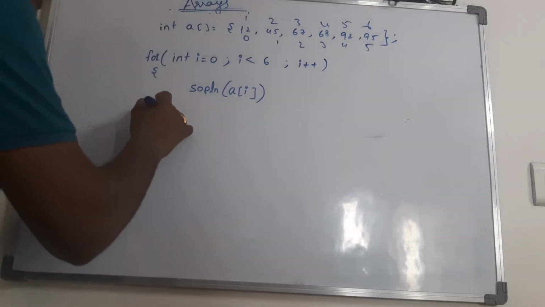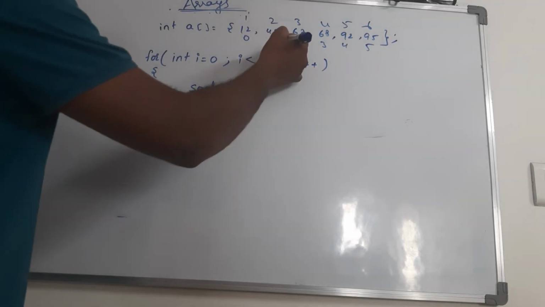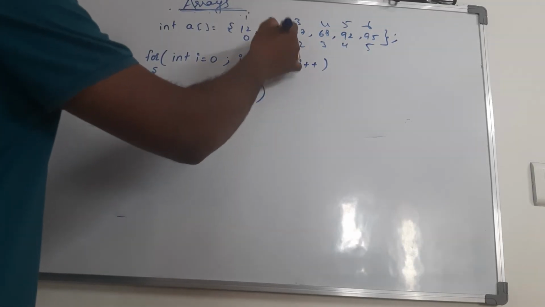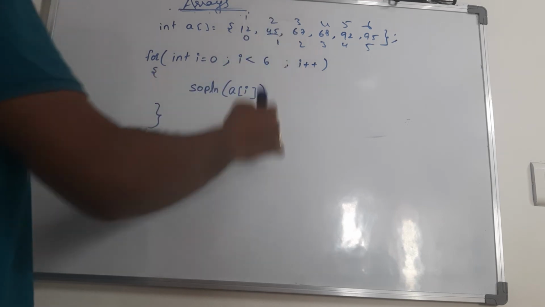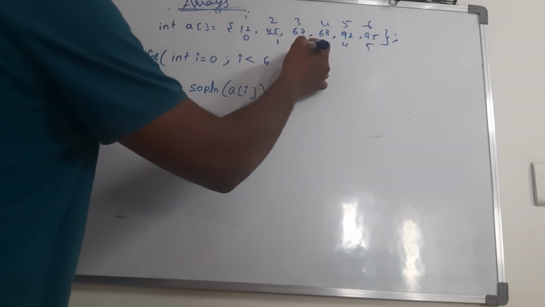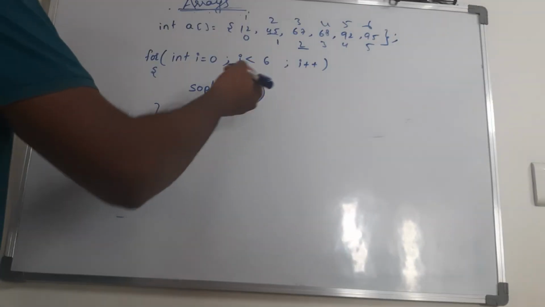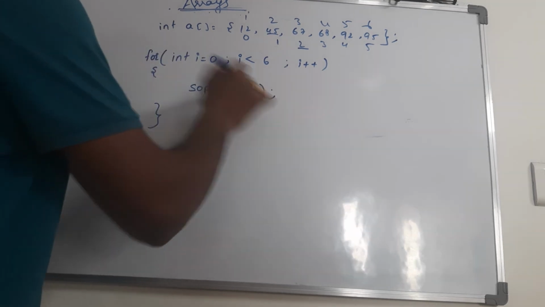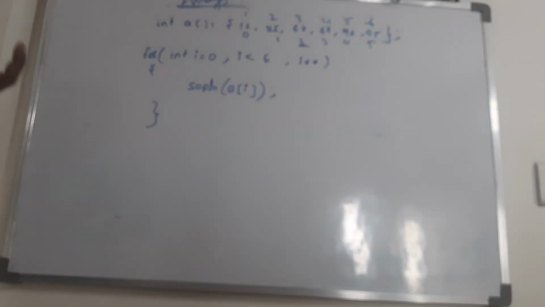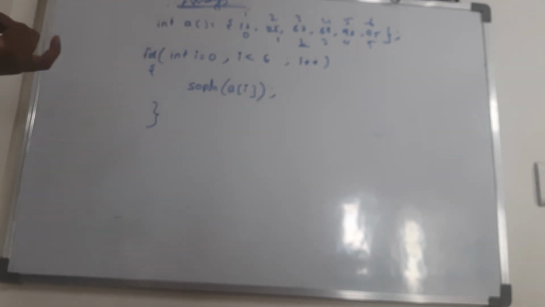In the next iteration, i becomes 1. At index 1, what value is there? 45 will print. In the next iteration, i will be 2. At the second index, what value is there? 67 will print. This is the way to print all the values from the array.